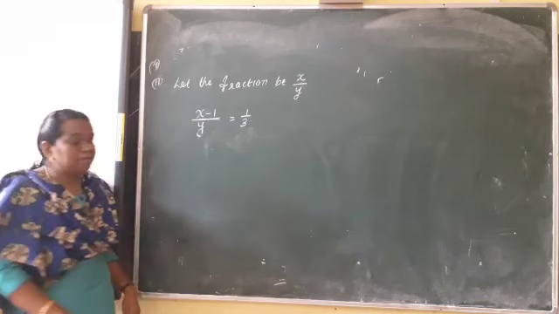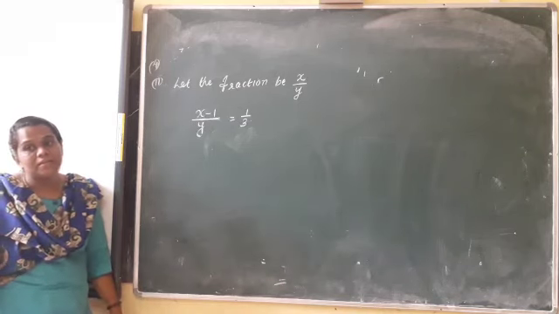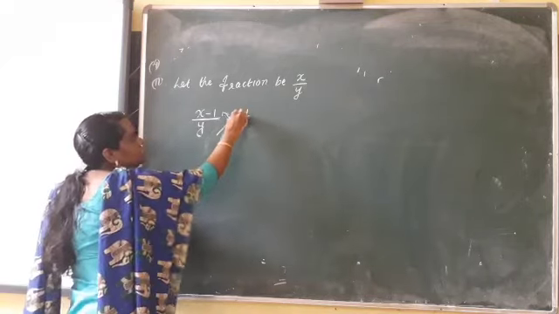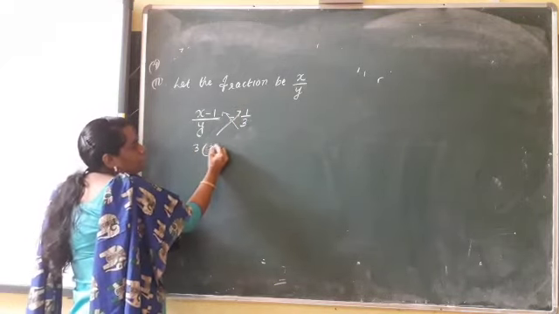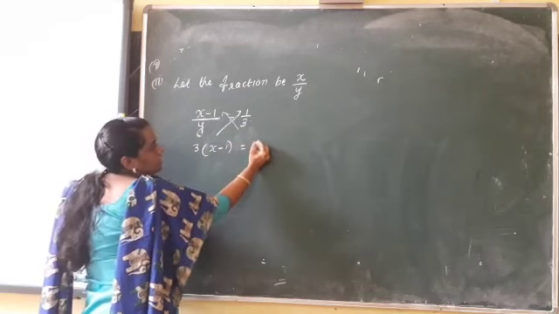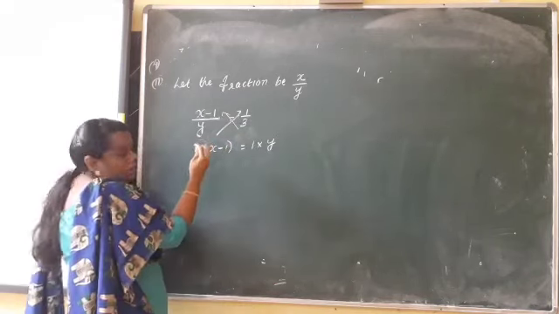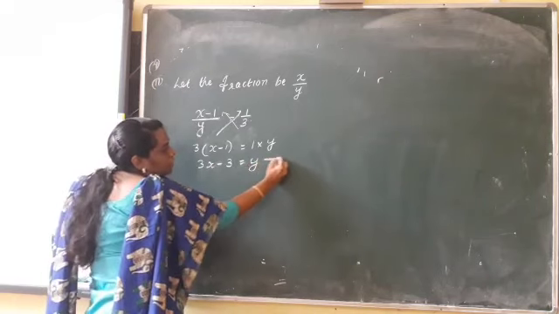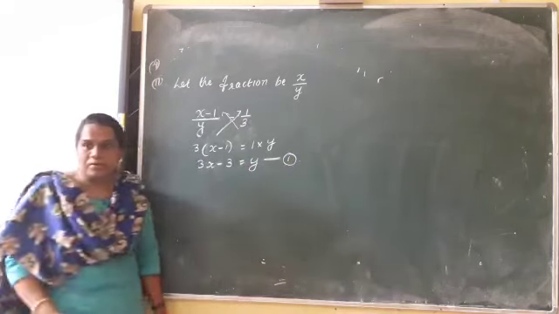How do we form equations from this? Cross multiply: 3 into x minus 1 is equal to 1 into y, or 3x minus 3 is equal to y. That will be equation number 1.